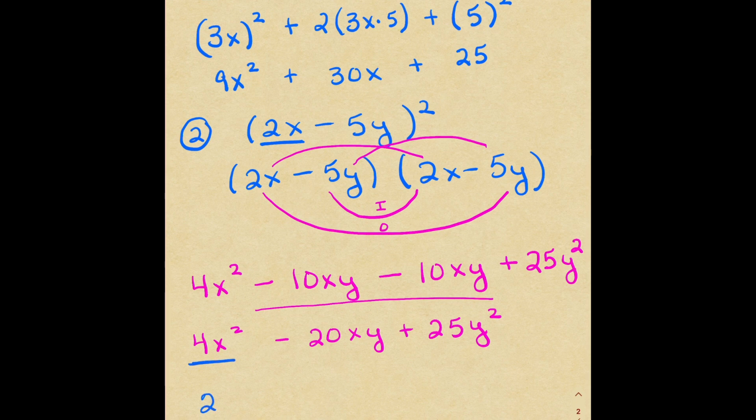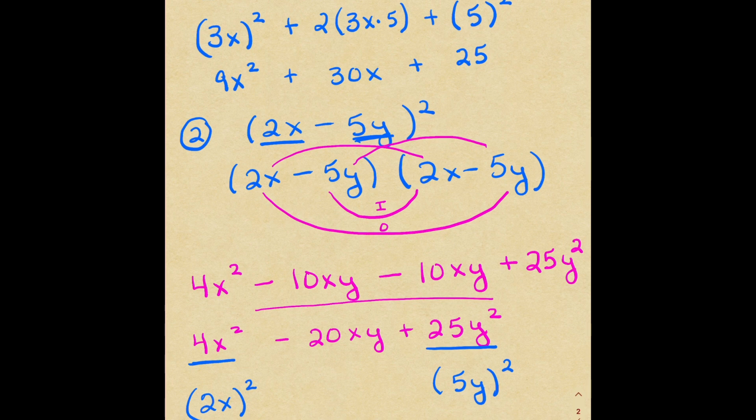We had 2x and we squared it. 2x squared is the same as 4x squared. And then the second term was 5y, and we find out that that gets squared over here. 5y squared is going to give me 25y squared.